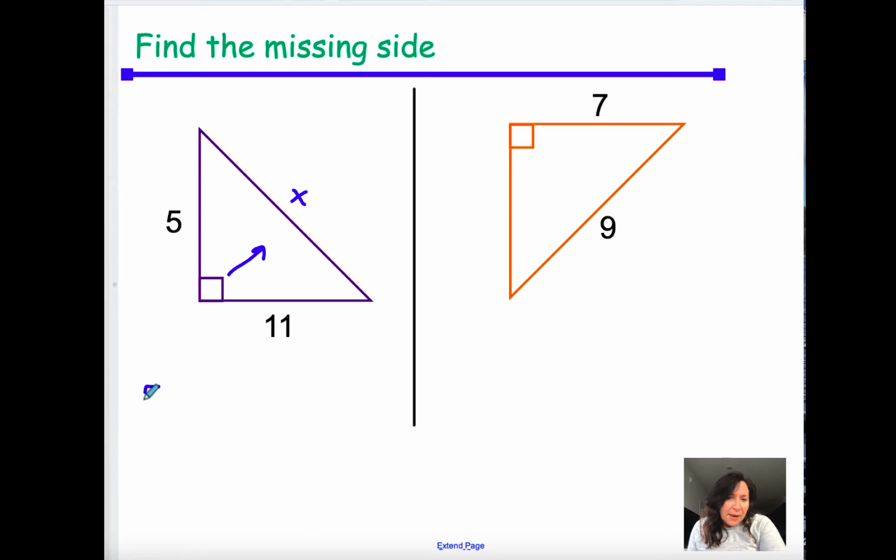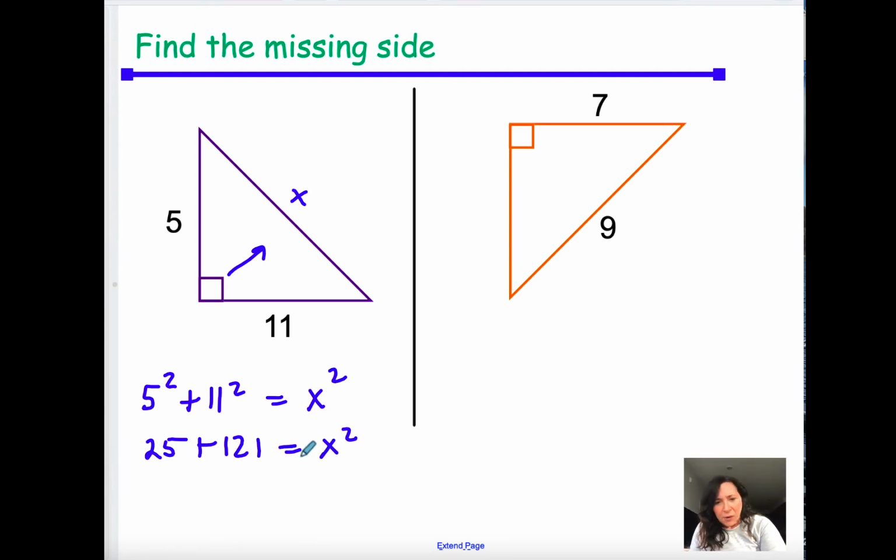So we're going to say leg squared, so 5 squared plus 11 squared is equal to x squared. So we have 25 plus 121 is equal to x squared. So we're going to add 121 plus 25. I get 146.